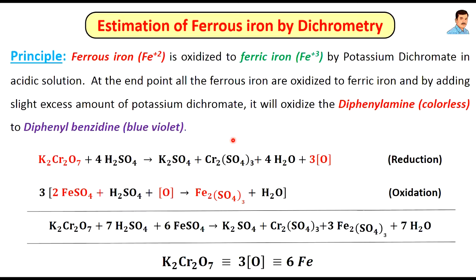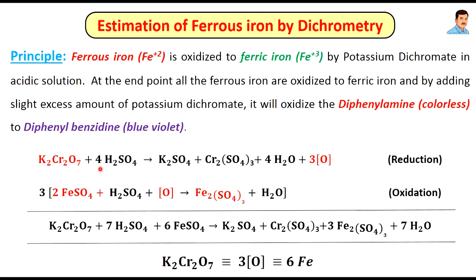Now have a look at the chemical reactions. Potassium dichromate K2Cr2O7 plus 4H2SO4 gives rise to K2SO4 plus chromium sulfate Cr2(SO4)3 plus 4H2O plus 3 nascent oxygens. This is reduction.